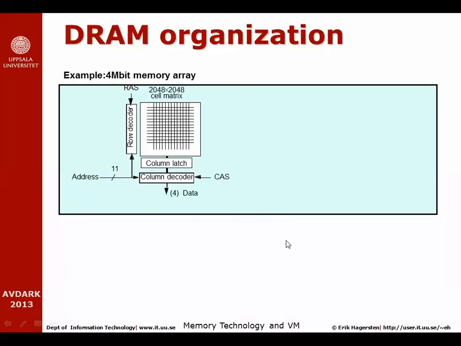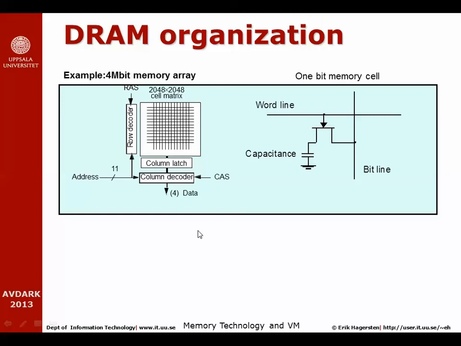So here's a picture of what a DRAM looks like inside. In this example, it's a 4 megabit DRAM, and the implementation is a mesh of 2K by 2K to get the 4 megabits. And each intersection between the lines in the mesh is where you store the bits.